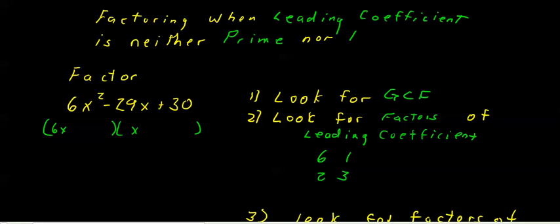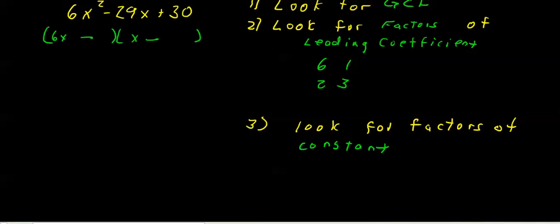Because this is a minus, this is a plus, we're minus and minus, and now we have to look for factors of the constant, just like before. 30 and 1, 15 and 2, and I can't cut that in half, but I can multiply by 3. 6 and 5, and I can divide that by 3, and I get 2 and 15.